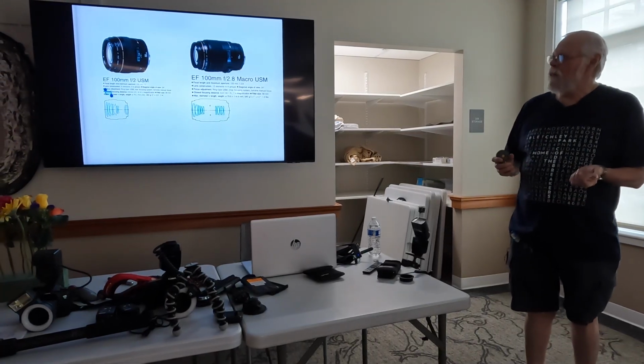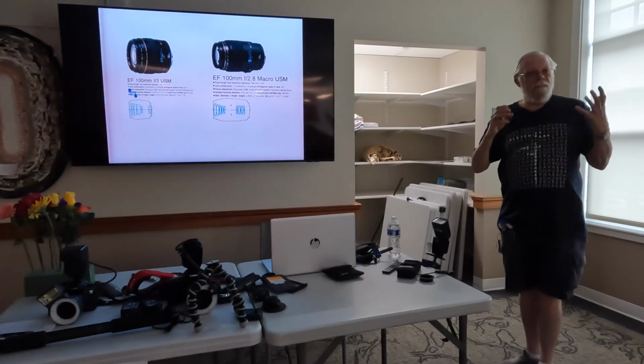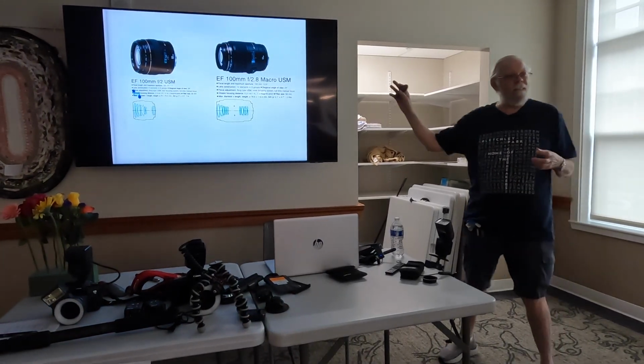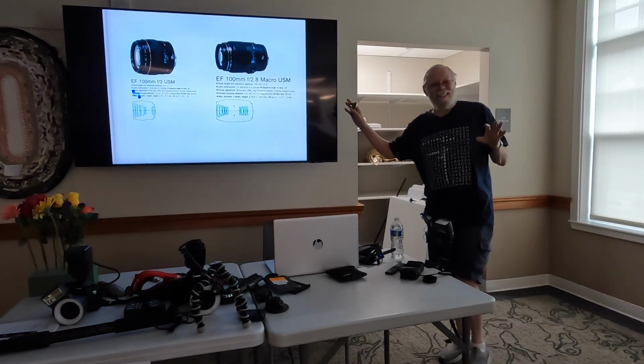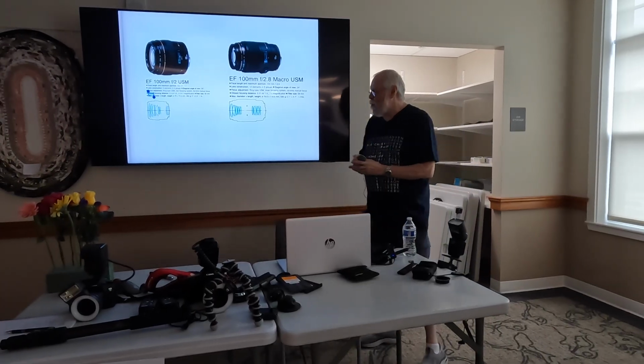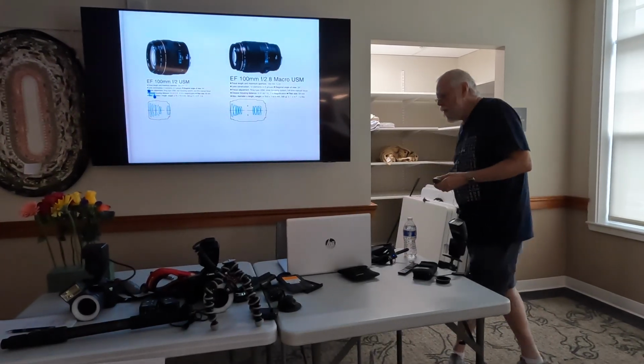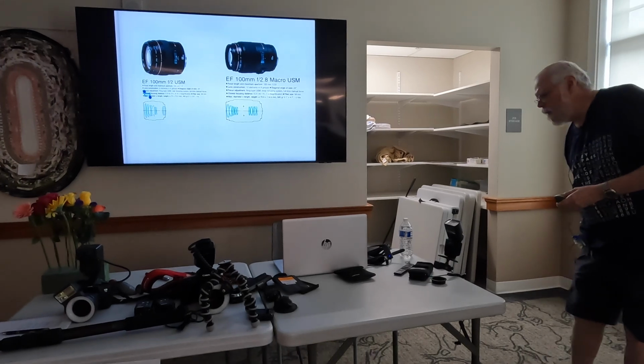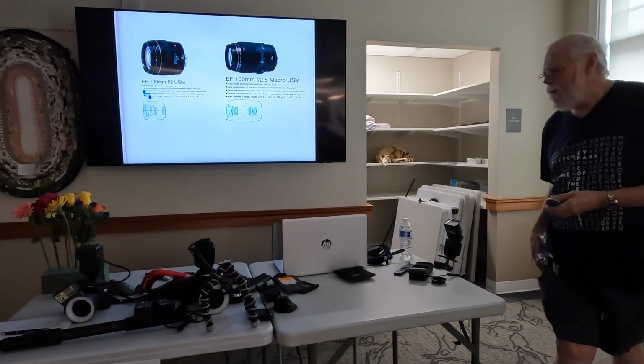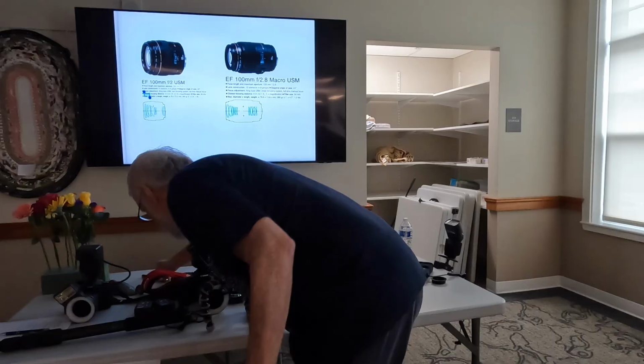The first thing I want to talk about is the lenses, the different kinds of lenses. This is the only technical thing you'll have today, so you don't have to worry. What I want you to do is study the elements of the lens.